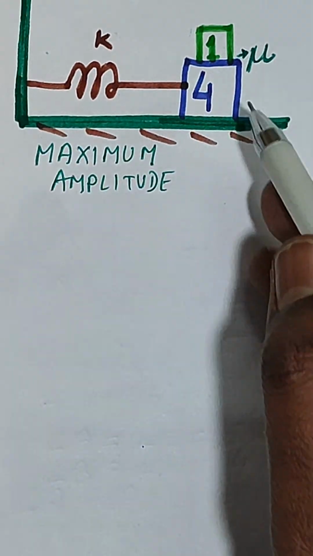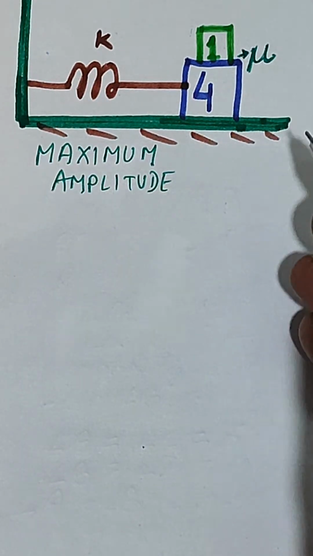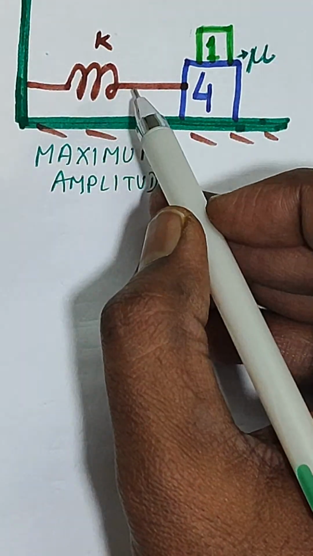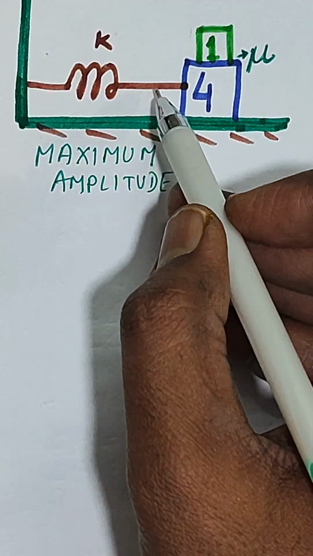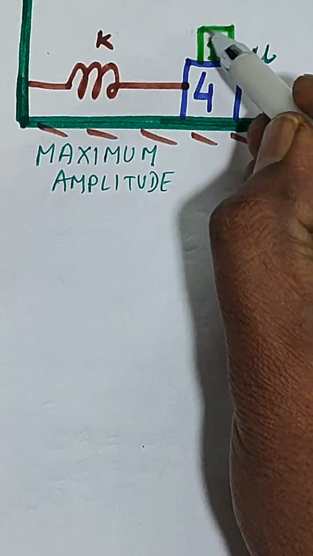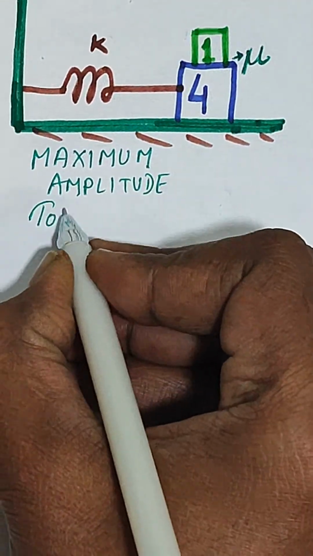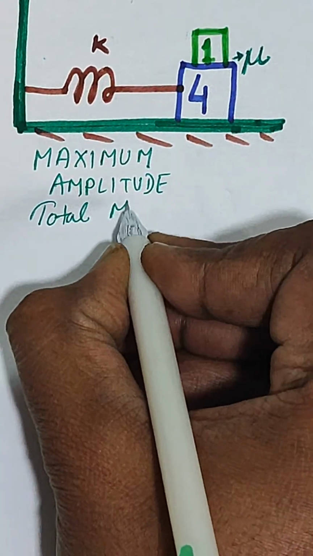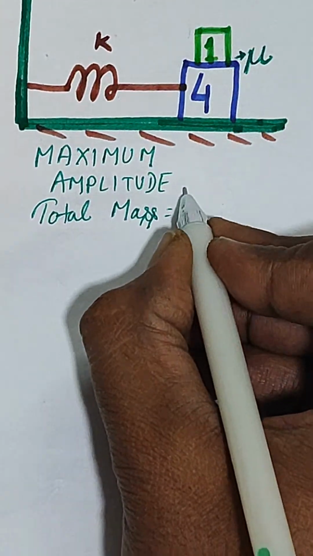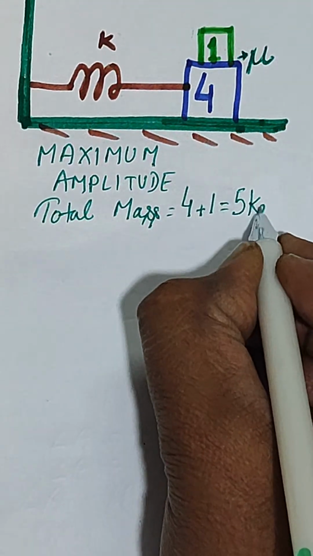So into this question we need to understand how to move forward. Students, you know the force acting when a spring is associated will be F equal to minus kx, and let us assume both the masses together. The total mass in this case will be 4 plus 1, which is equal to 5 kg.